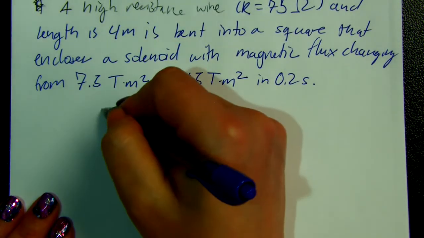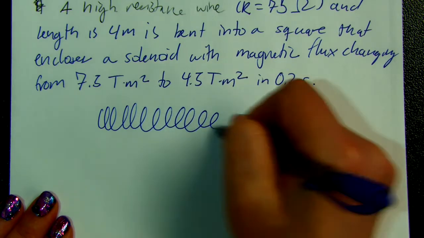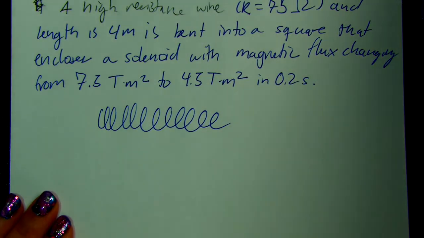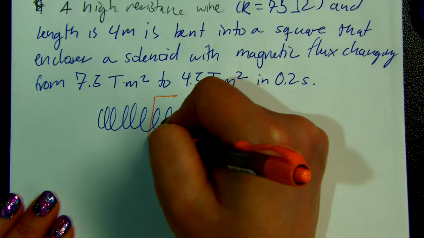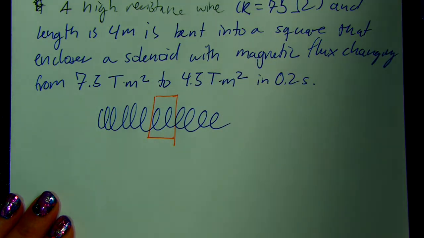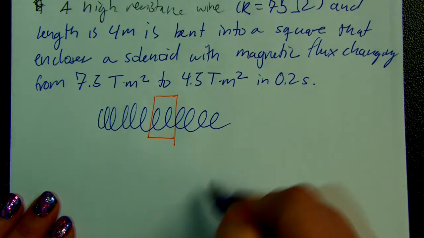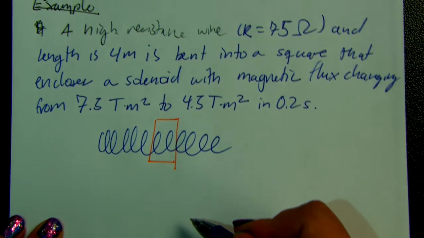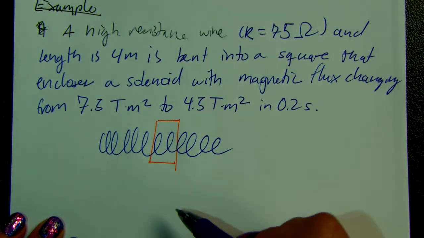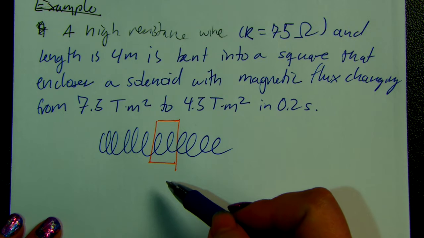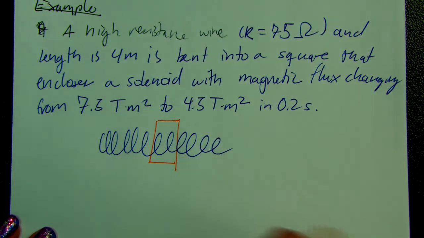So essentially we have, here's our solenoid, and here is the wire that has been bent around it, which now, because of that non-Coulomb electric field, can have a current being driven through it.